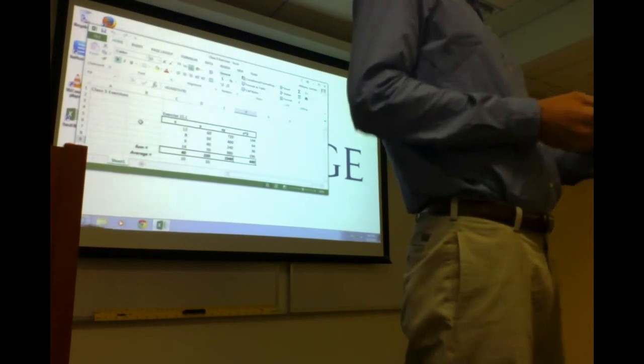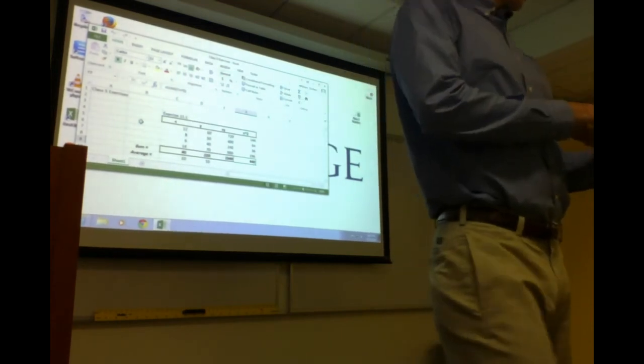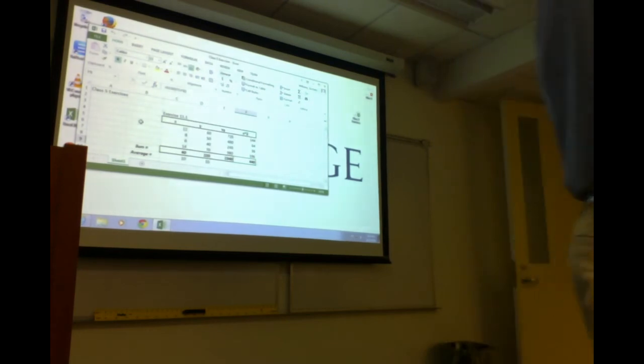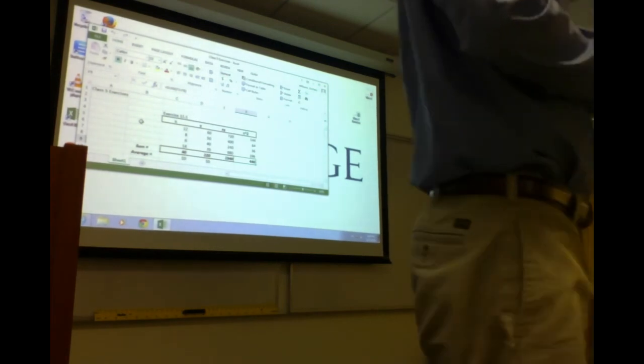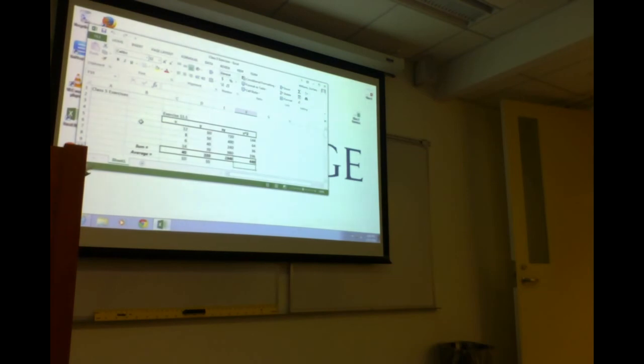Once you have the slope, you use that next equation on slide number 12. The intercept is the average y minus the slope times the average x. Same thing here. Excel very simply allows you to calculate the average x of 10, the average y of 55.